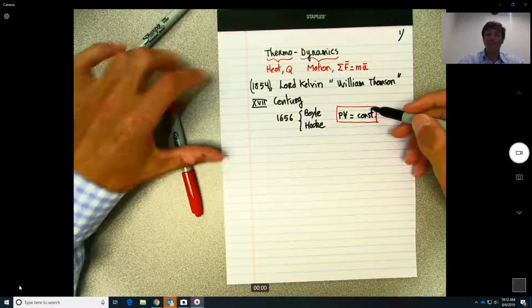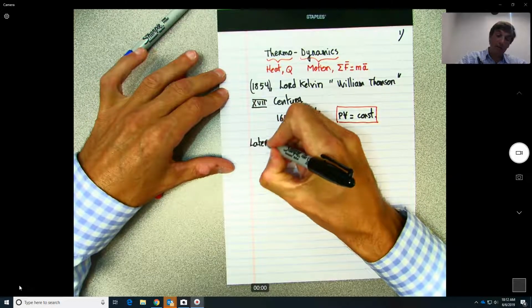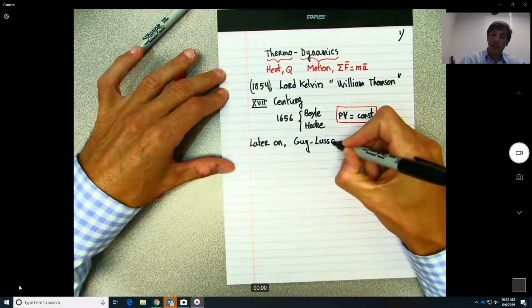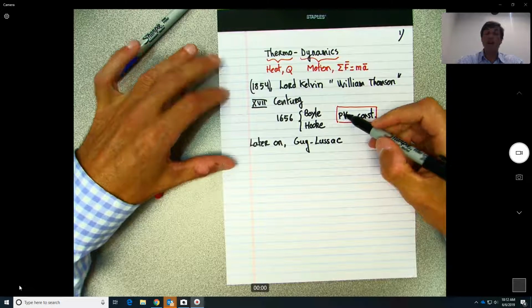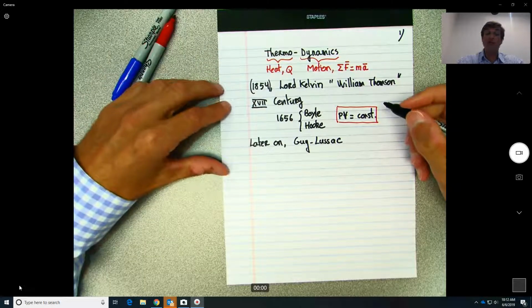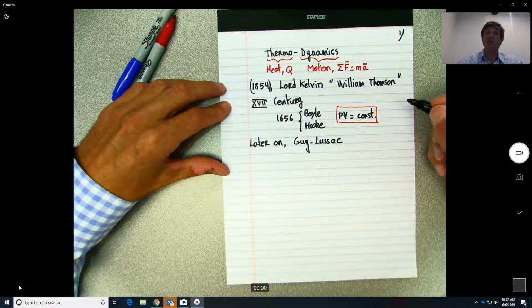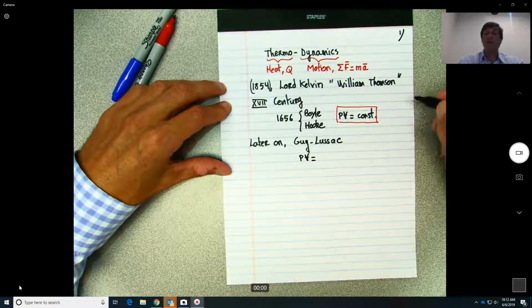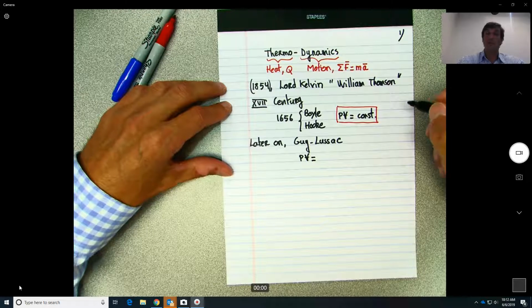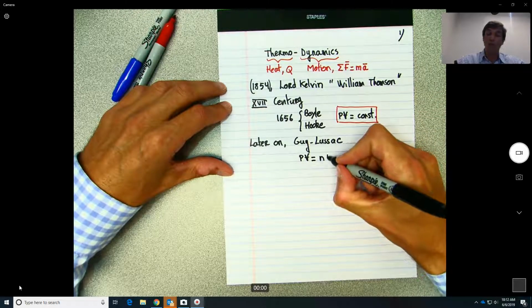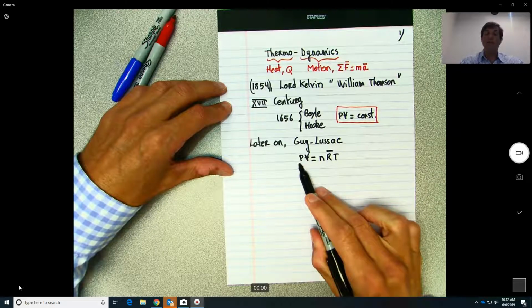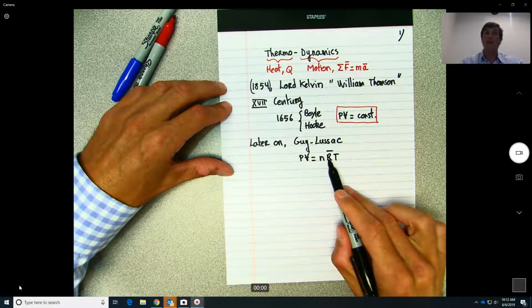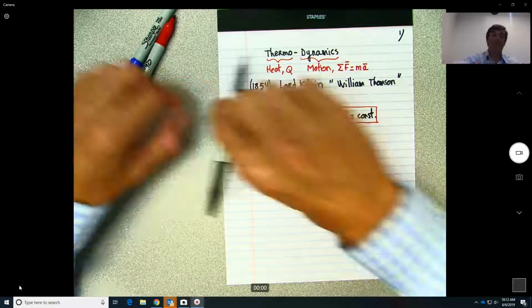So using that information, later on a French engineer called Gay-Lussac, using that information and the fact that thermometers had just been developed to quantify heat, was able to write the equation known nowadays as the ideal gas equation, which basically means PV equals nRT, where P is the pressure, V is the volume, n is the number of moles, R is the gas constant, and T is the temperature.